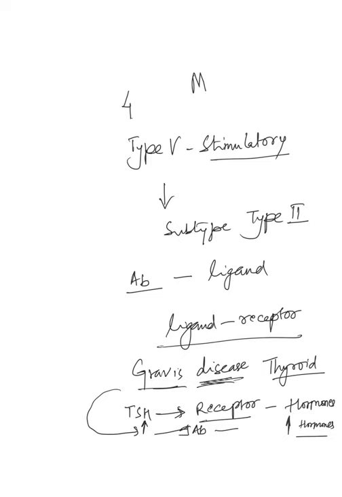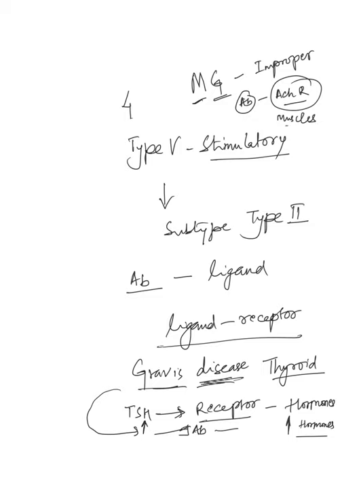In myasthenia gravis, there is improper muscle movement and weakness of muscles. In myasthenia gravis also the antibodies go and bind with the acetylcholine receptor and block the action of acetylcholine on its receptor. Hence the muscles do not contract, and there is generalized weakness. So in Graves' disease it was stimulatory, whereas in myasthenia gravis it is inhibitory in nature.